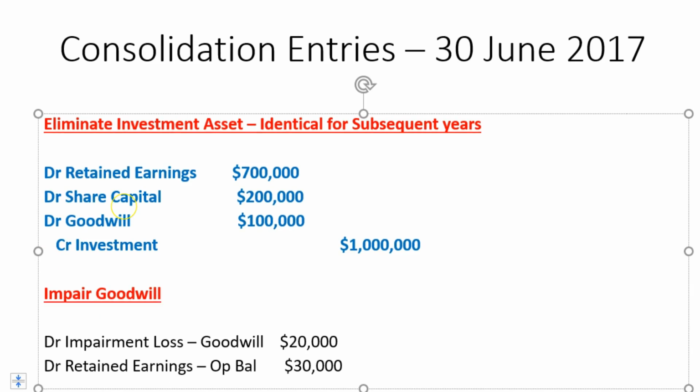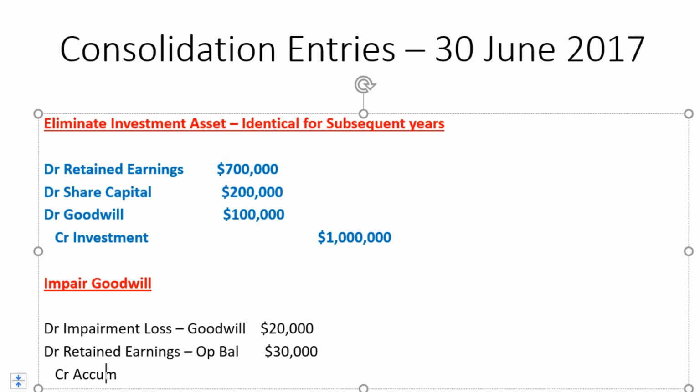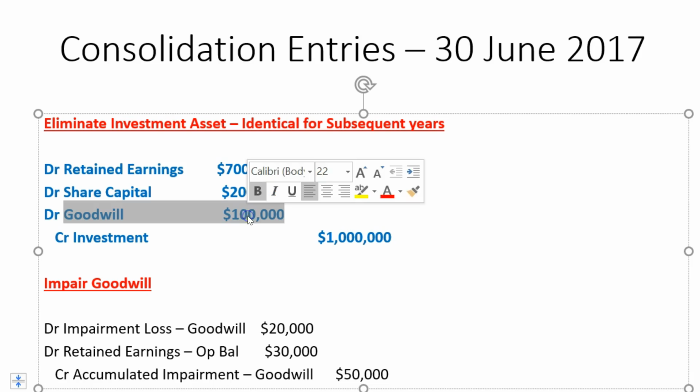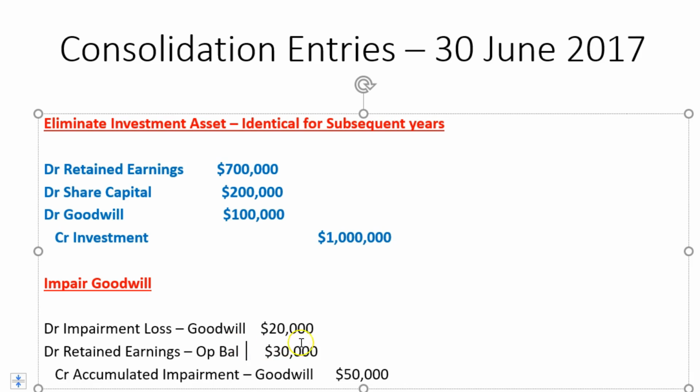Now, we're going to credit the accumulated impairment for goodwill. It's now $50,000 when we add both up. So when you offset accumulated impairment with the actual goodwill asset, this will only be $50,000. This $20,000 will reduce the equity by $20,000 for this year's profit, and the $30,000 adjustment from last year's impairment will reduce the equity another $30,000.